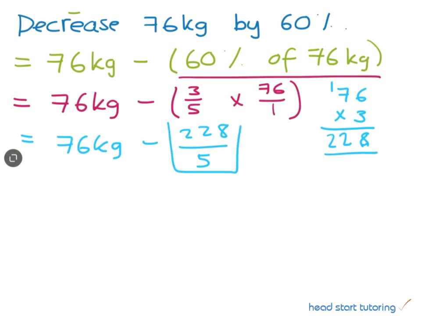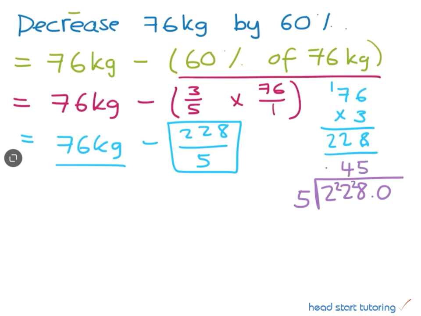So now we need to convert 228 over 5 into a decimal, because it's easier to work with decimals than it is with fractions when we are minusing with kgs. So let's work out 228.0 divided by 5. 5 goes into 2 0 times, so I carry my 2 over. 5 into 22 goes 4 times, remainder 2. 5 into 28 goes 5 times, I bring up my decimal point. 5 times 5 is 25, so there's a remainder of 3.